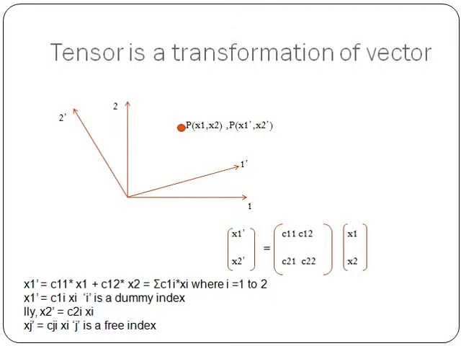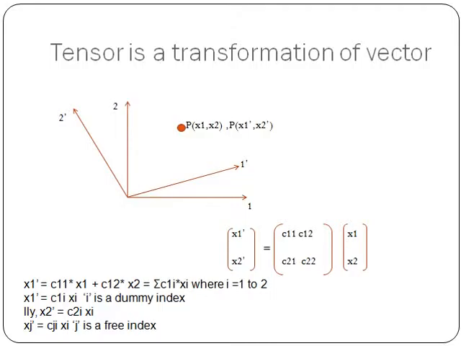So how do you write this? You write x1 dash equal to, concentrating on the matrix multiplication on the right hand side, c11 into x1 plus c12 into x2. Similarly, you can write this as sigma c1i into xi, where i is summed from 1 to 2.